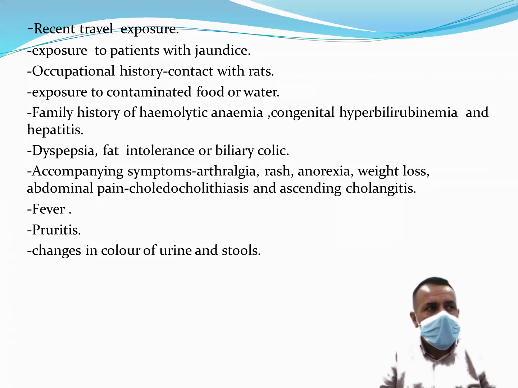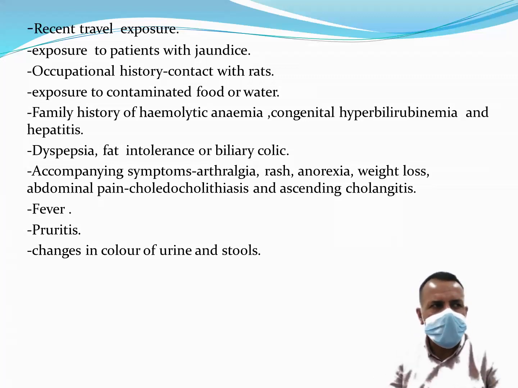Symptoms of ascending cholangitis are characterized by fever, pruritus, and abdominal pain. That means the patient has cholangitis. Cholangitis is an inflammation of the biliary system due to prolonged obstruction of the biliary tract. All these should be asked in the history to reach the final differential diagnosis and then the final diagnosis.